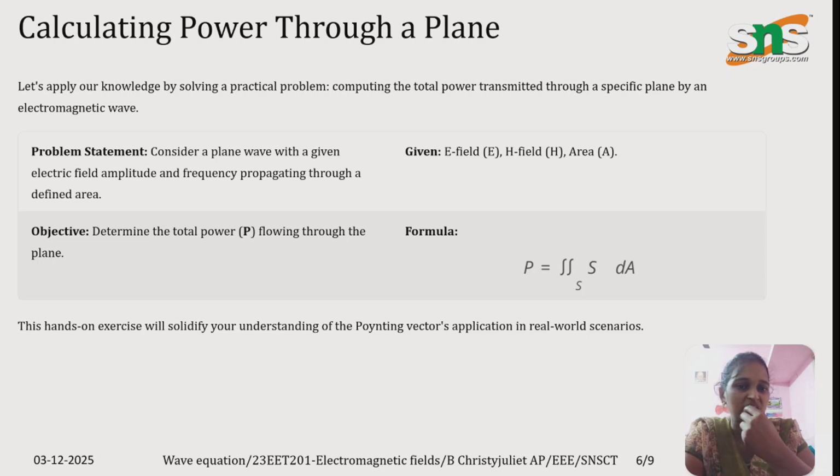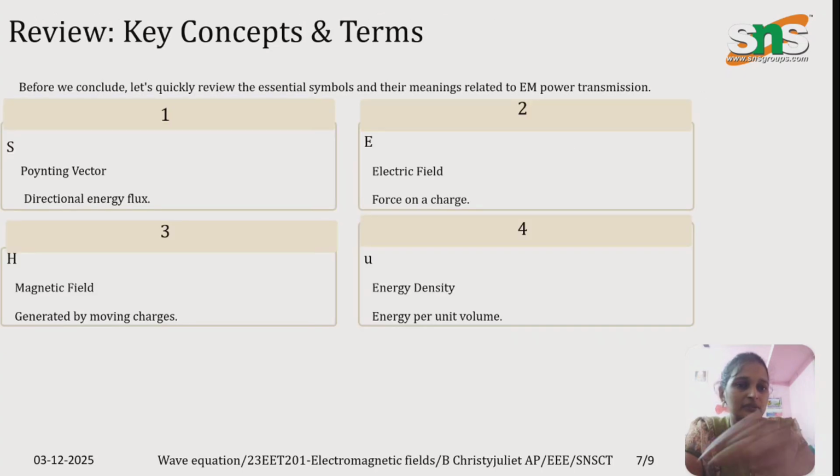And how can we get this power? We know the Poynting vector describes the electric and magnetic fields. So by computing those two fields, we can get the power. For computing those two fields, we can calculate the Poynting vector S with respect to the surface dA. This calculation will yield the electromagnetic power in electromagnetic waves.